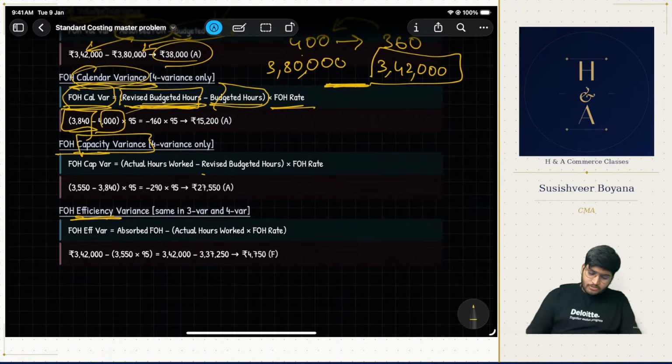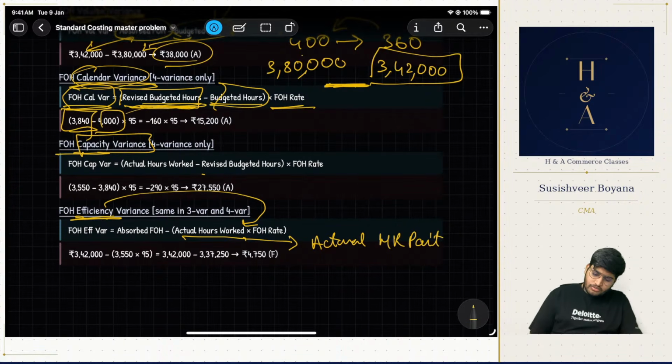Efficiency variance. We always spoke about efficiency variance being in terms of actual hours worked. It is not actual hours paid.